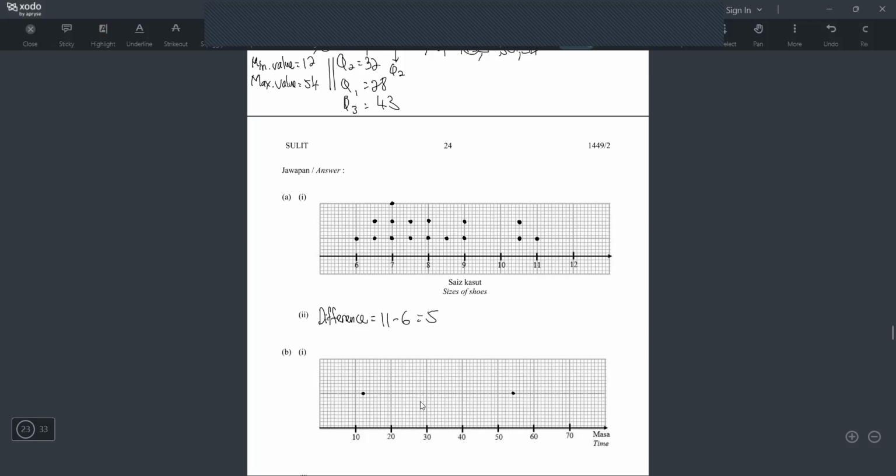So 1, 2, 3, 4, 5. Okay, I will start, and then I will naik sampai sini. And then naik lagi 5 kotak. 1, 2, 3, 4, 5. Sebenarnya tak semestinya 5 kotak. It's up to you. You can draw berapa panjang pun is up to you. Okay, so this is my 28.